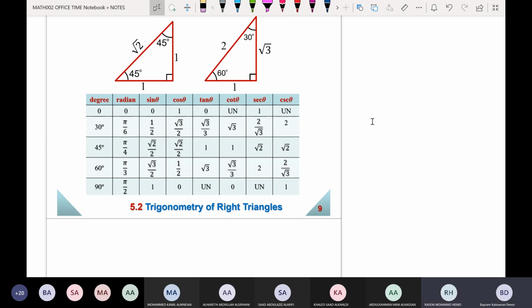Doctor, isn't it sine or cosine of 45 degrees 1 over 2, not root 2 over 2? Well, cosine of 45 is 1 over root 2. But the table says square root of 2 over 2. 1 over root 2.